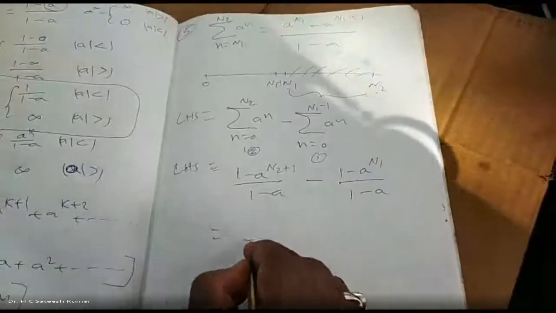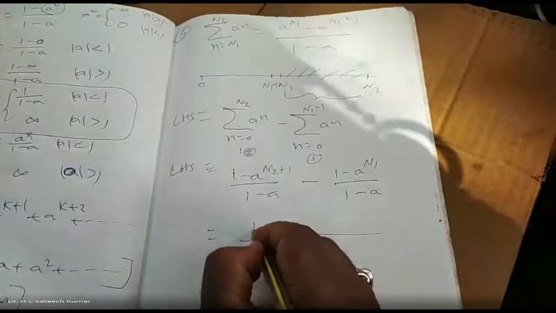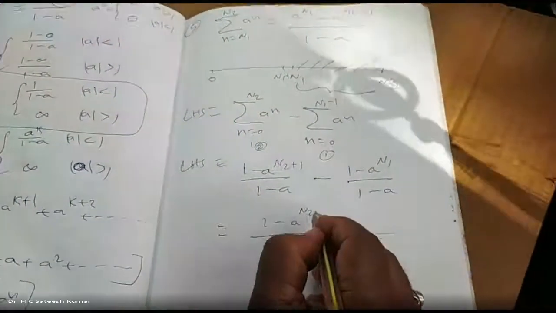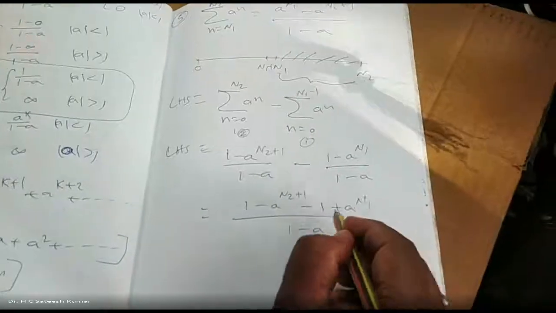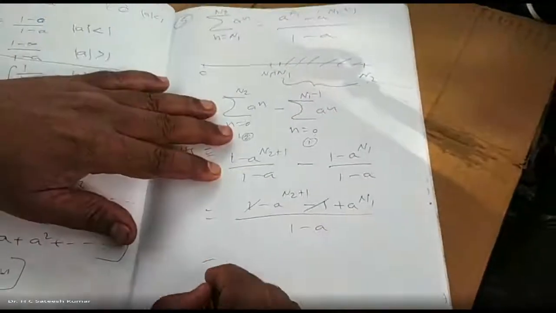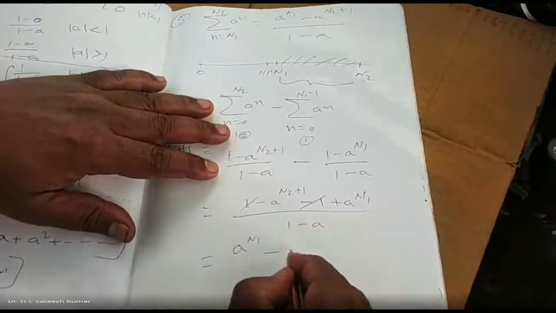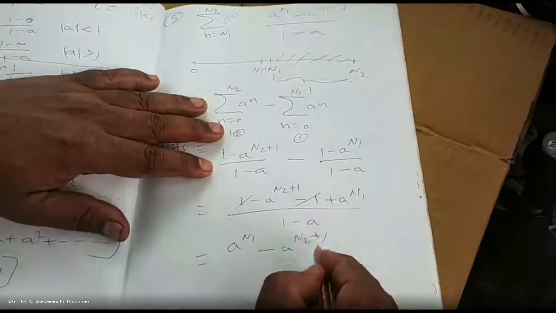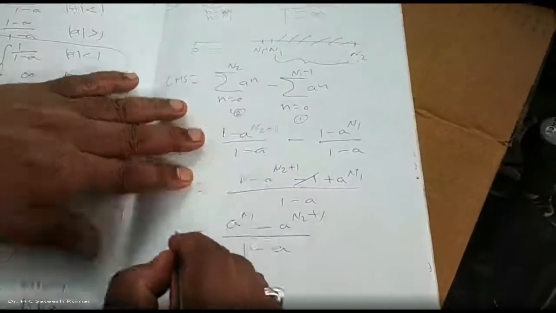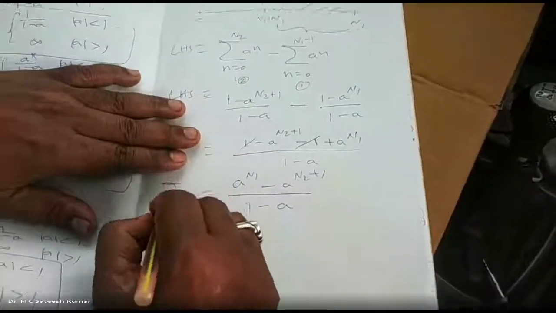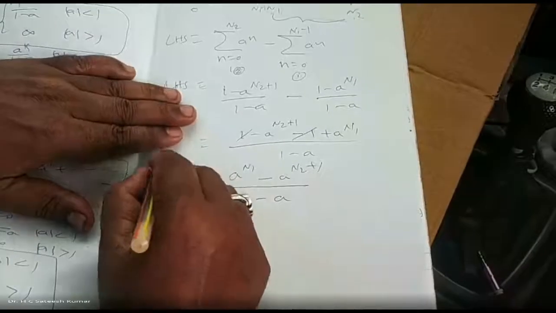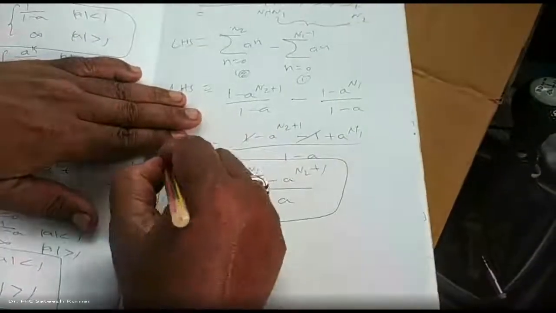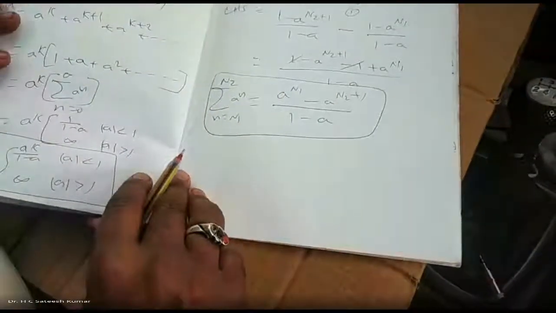So now you take the LCM as 1 minus a: 1 minus a to the power of n2 plus 1, minus 1 plus a power n1. Minus 1 plus 1 gets cancelled. A power n1 minus a power n2 plus 1 divided by 1 minus a. That is your summation n varies from n1 to n2 a power n. That's how we should do it. That is your fifth result.